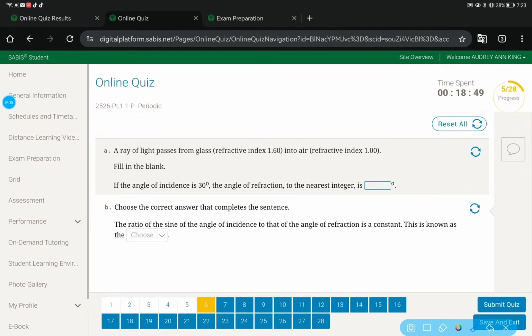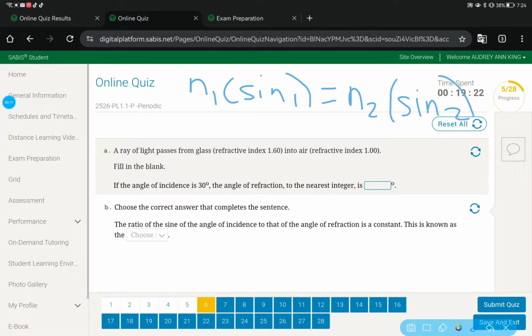It feels like we learned it yesterday, but the formula is: the first index of refraction they give you, n1, multiplied by sine of the first angle, equals the second index of refraction, n2, multiplied by sine of the second angle.